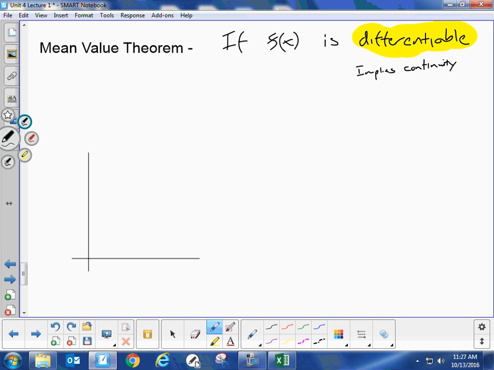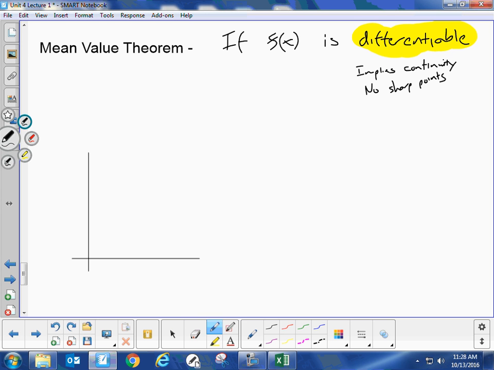Okay, so by saying something's differentiable, you know it's continuous. It also means that there are no sharp points on the function. No sharp points.